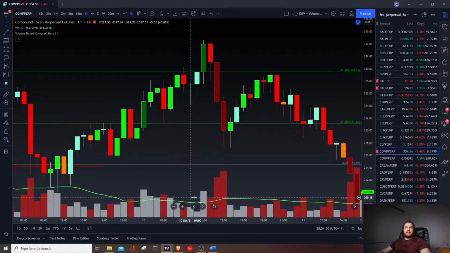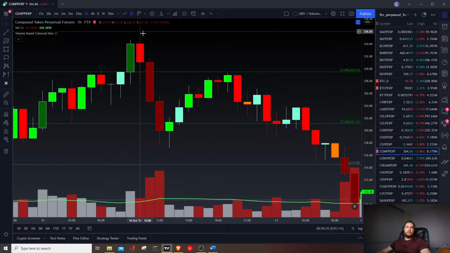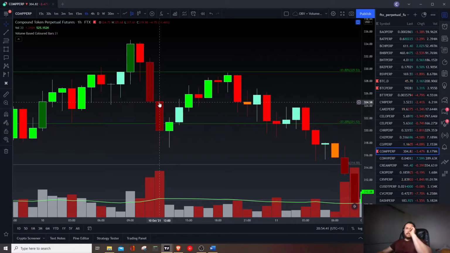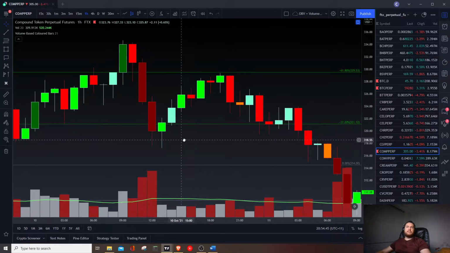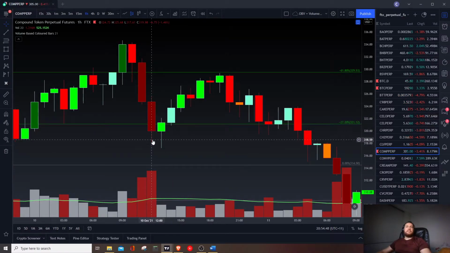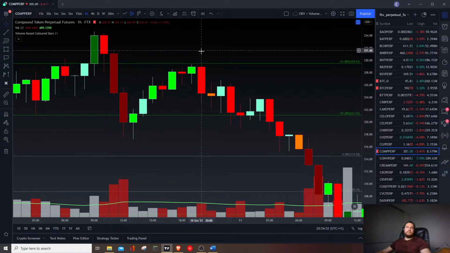Then you got low volume here, ascending volume. So price action and volume are going in the right direction, and ascending volume again. Now the spread of this candle is less than this one, but higher than this one. So it says to me that we could be slowing down. We do get a lower high.